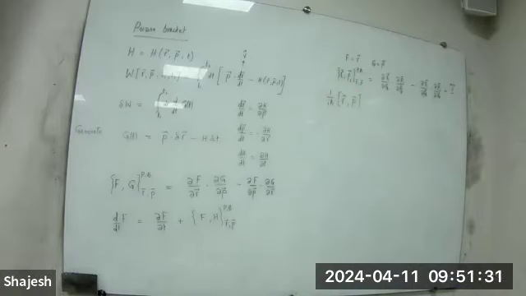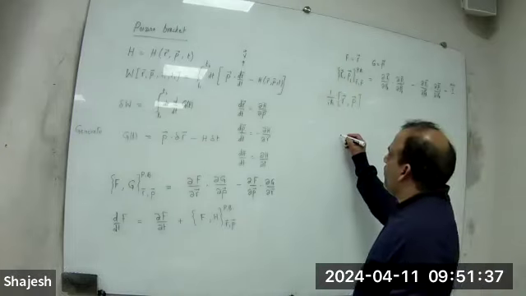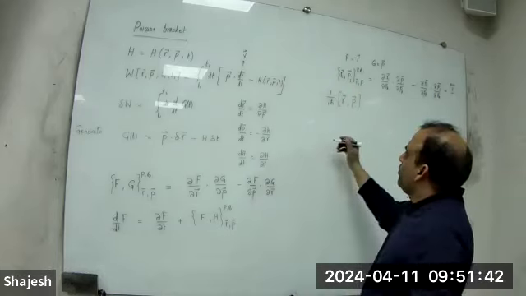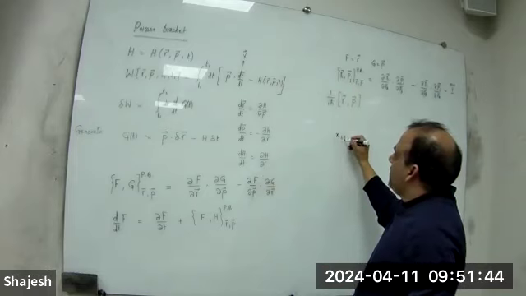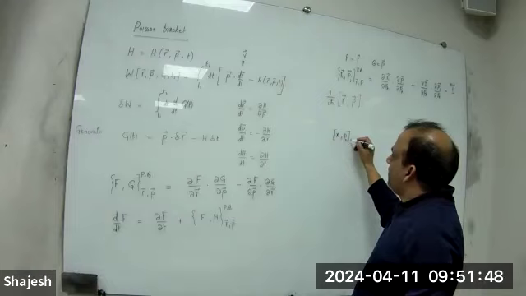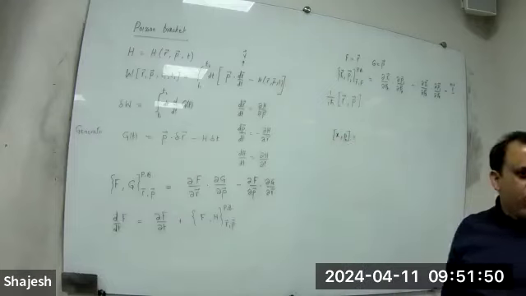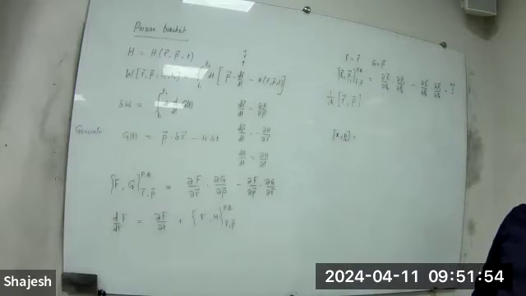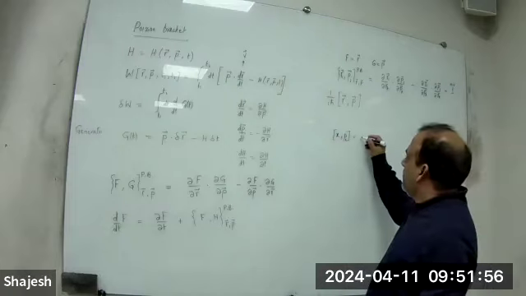Position and momentum, uncertainty relation. What is [x, p]? Let's say [x, px] in quantum mechanics, the commutation relation. It's iħ, right? Yes, good.